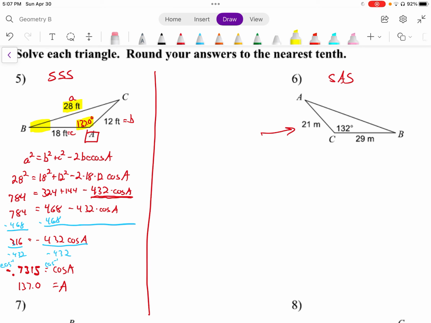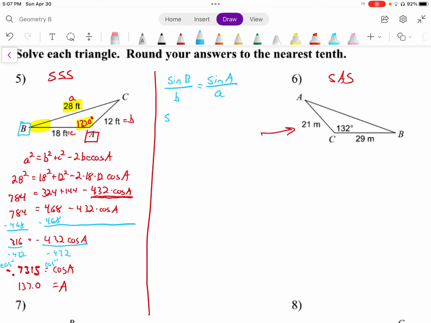Let's find angle B. Since we're finding an angle, when we talked about law of sines, we want to put the angles on top. So let's do sine of B over side B equals, we have to use sine of A over side A because those are the pair that we know.